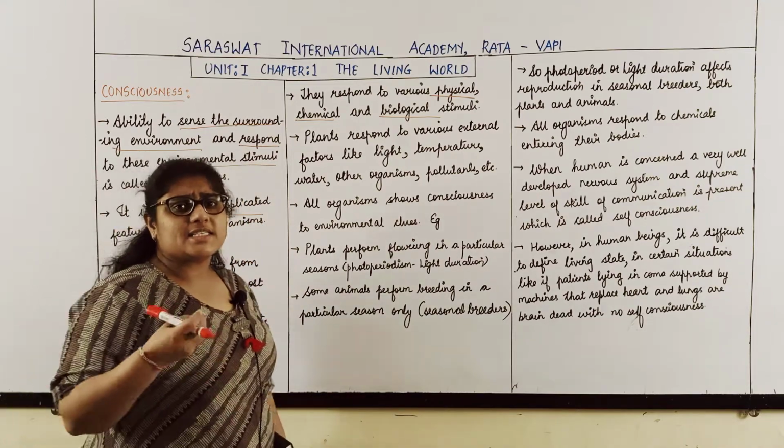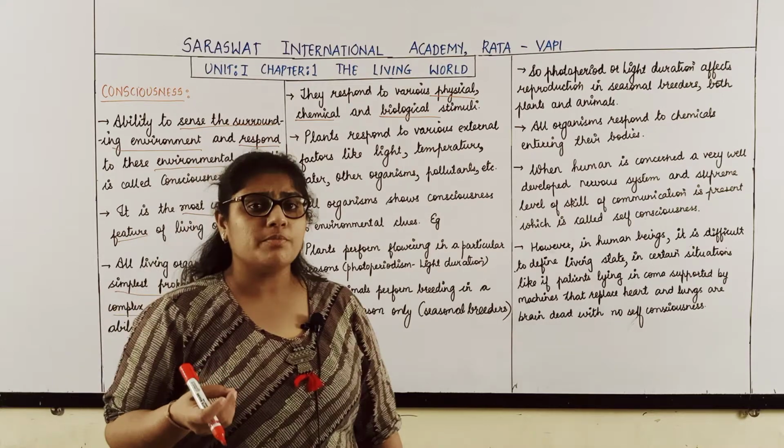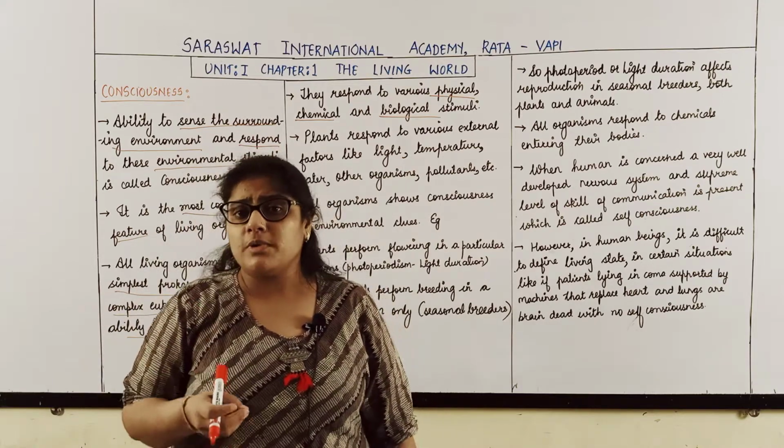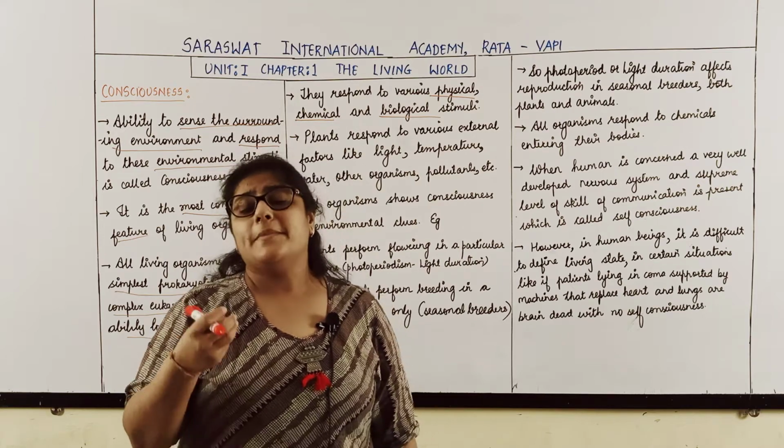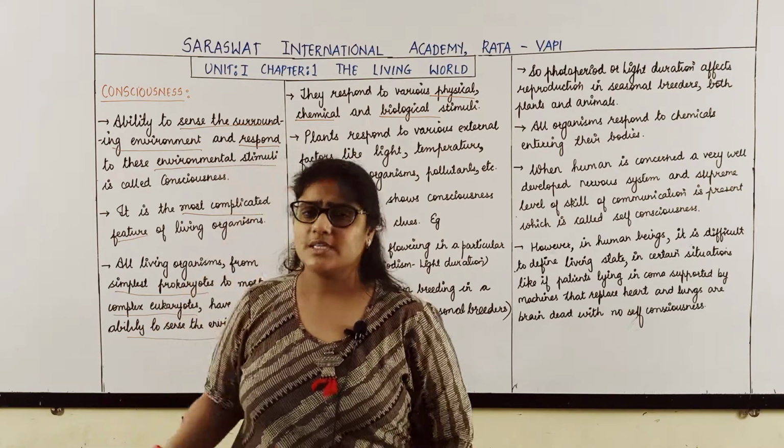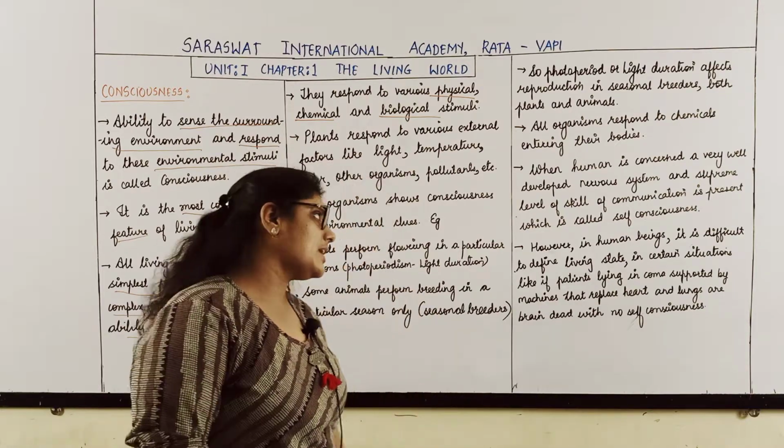Now I told you this example regarding human beings. But it is not only human beings that possess this property; as I told you, it is present in all living organisms.